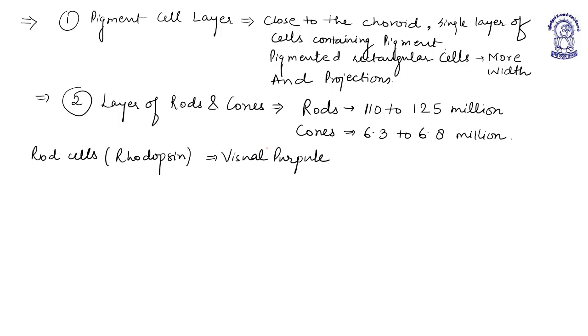So rhodopsin is basically the visual purple. Rhodopsin is composed of opsin and retinin.